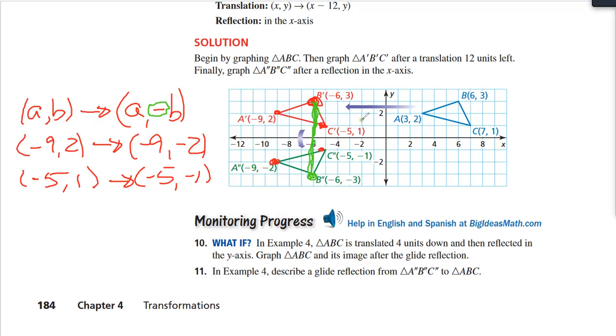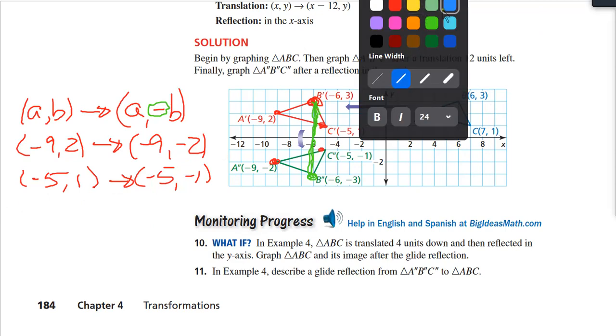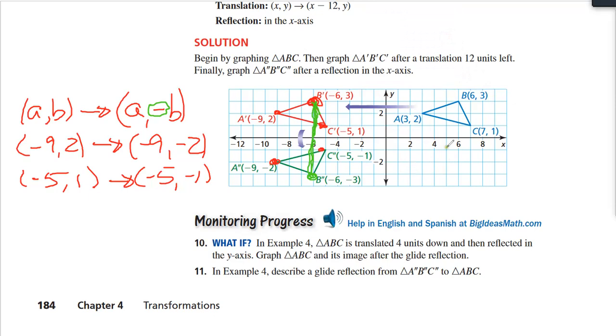I know this wasn't part of the original problem. Let's reflect this one across the x-axis. Let me change to blue here. I'm going along with this problem right here. Let's reflect this triangle down here.